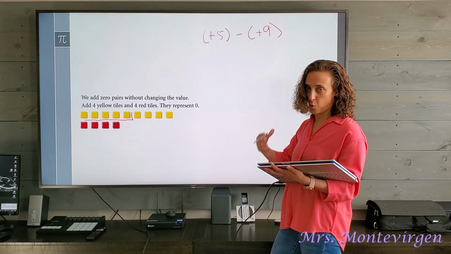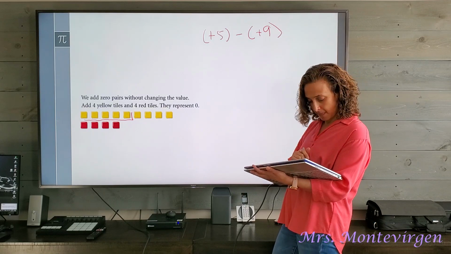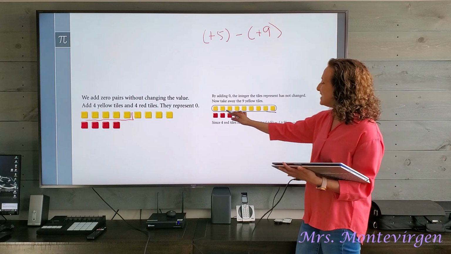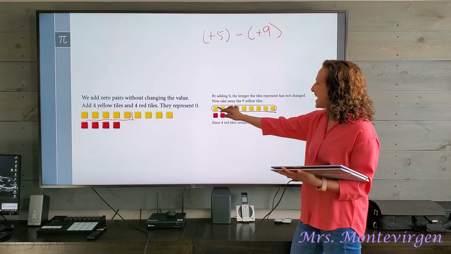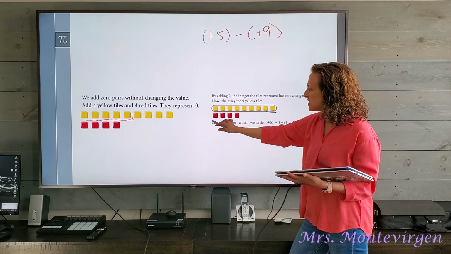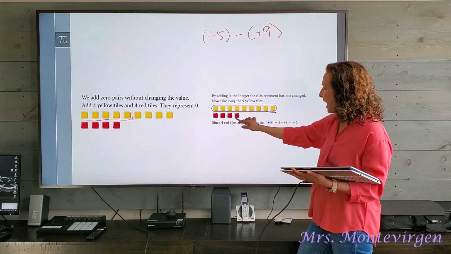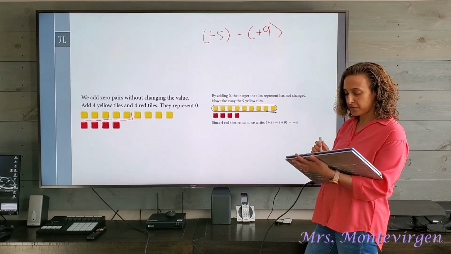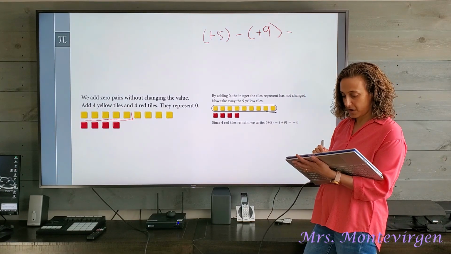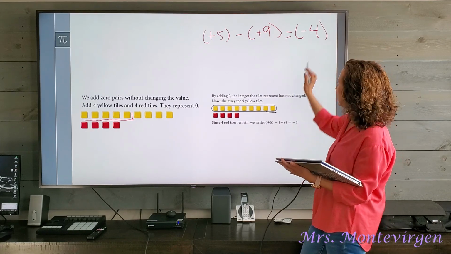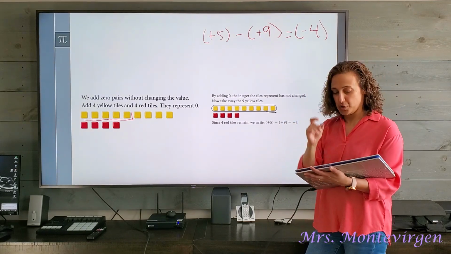I don't want to go and change the question. All right? So now that I have all of that, now I can turn around and take away that +9. And then when I see what I have left, I have 4 negative tiles, and that's my answer. So +5 take away +9 is equal to -4.